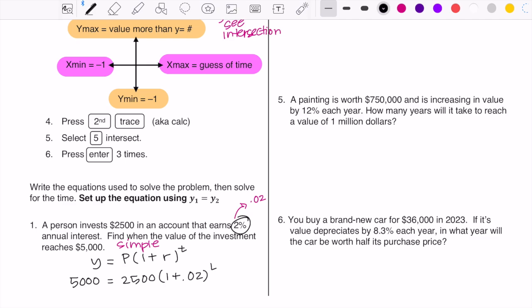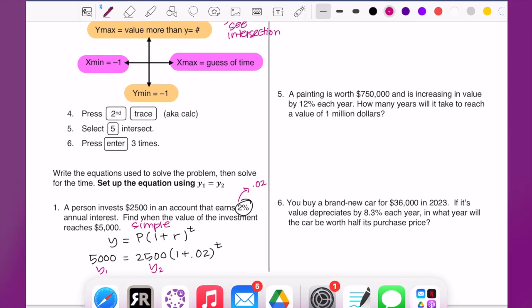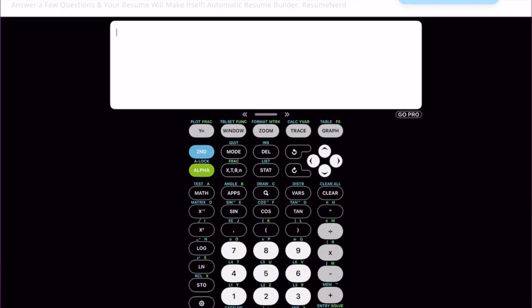The variable we're solving for is t, so we're trying to figure out how long it's going to take us to reach 5,000. We're going to plug one of these into y1 in our calculator and the other into y2. It doesn't matter which one you plug it into, it just matters that they each get their own line in the calculator. So let me pull up this calculator.